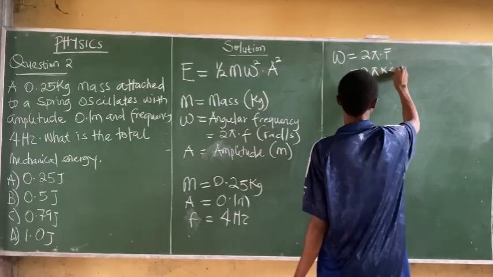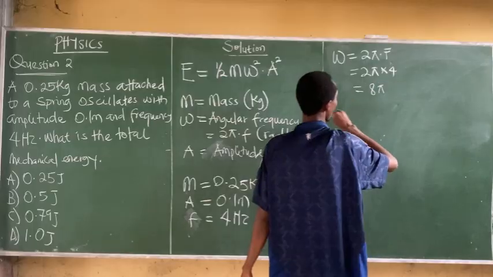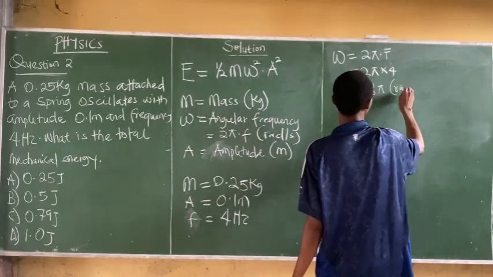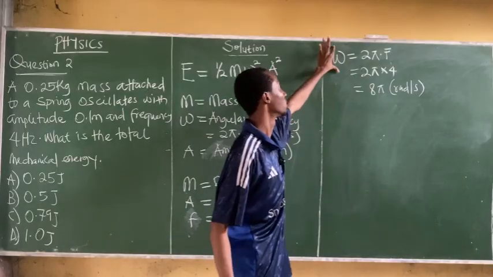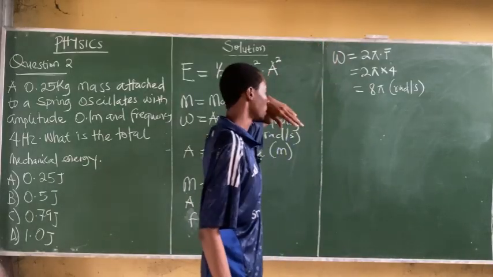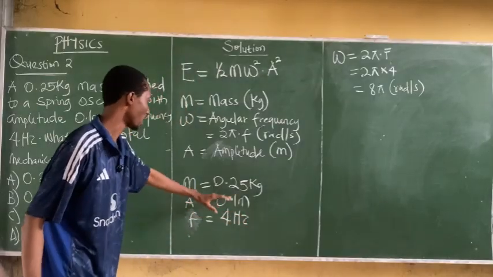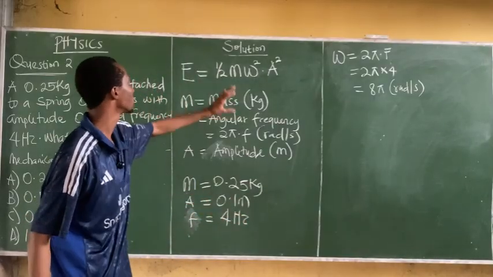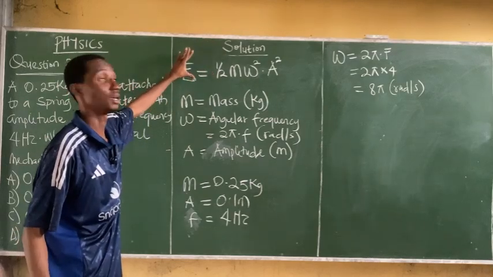So 2 times 4 will give us 8 pi. The unit remains what? Rad per seconds. So we have gotten the angular frequency now. We have the mass, we have the amplitude. Let's input everything into this equation to get the total mechanical energy.